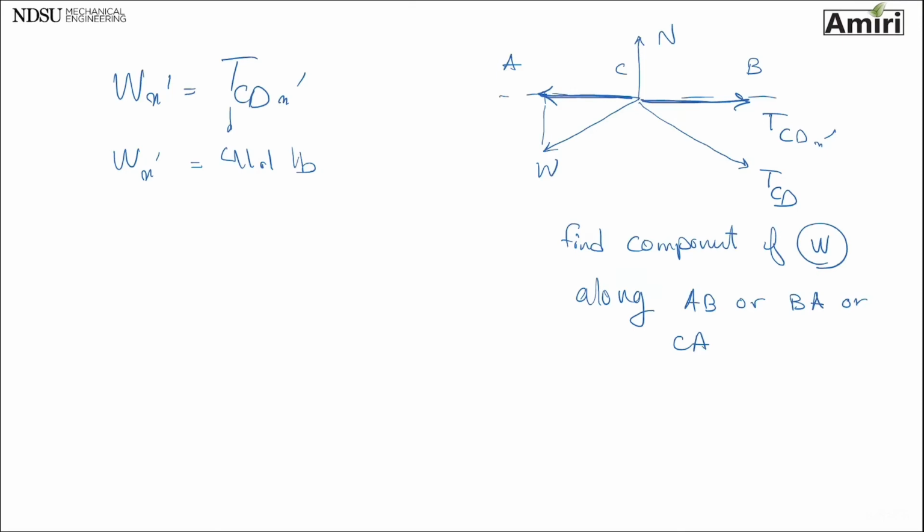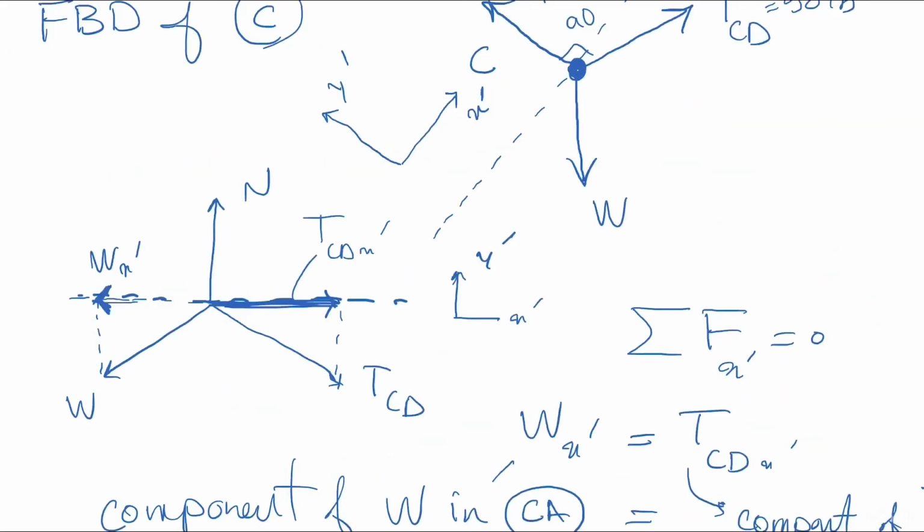They're all the same because all we care about is the unit vector of the direction. So all I have to do is find W dot product unit vector of CA or unit vector of BA. Doesn't matter.